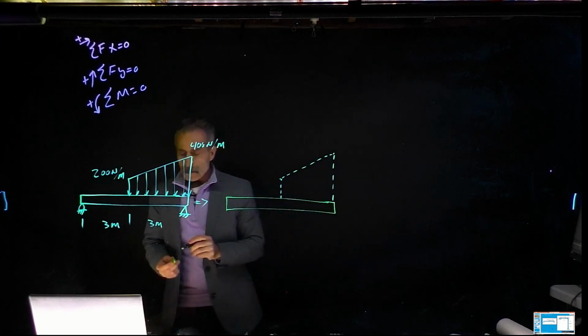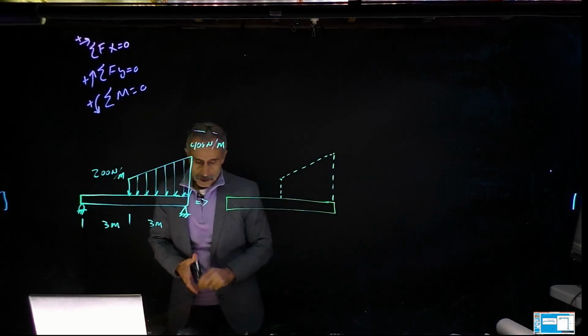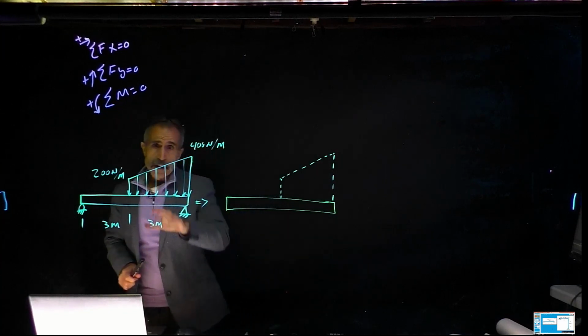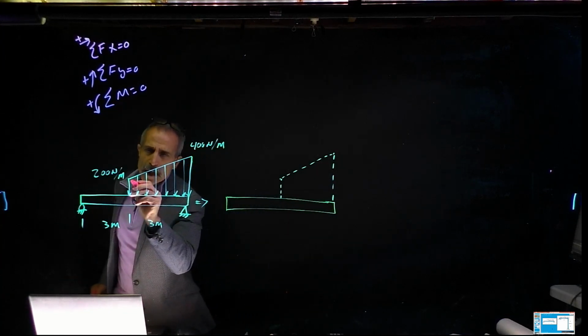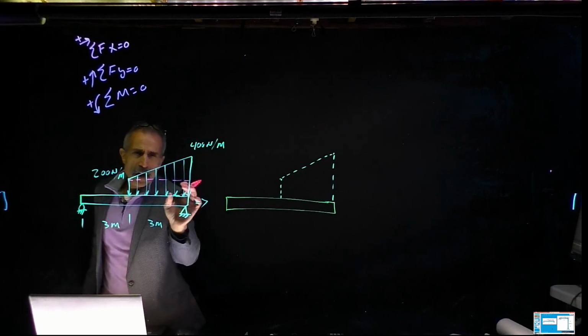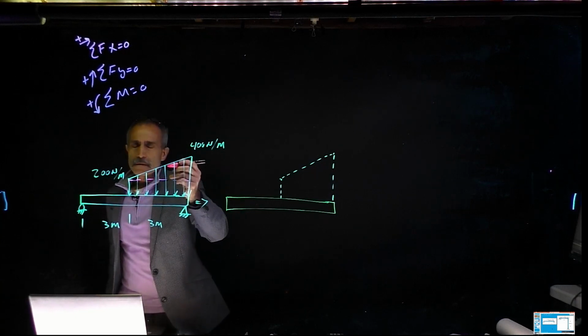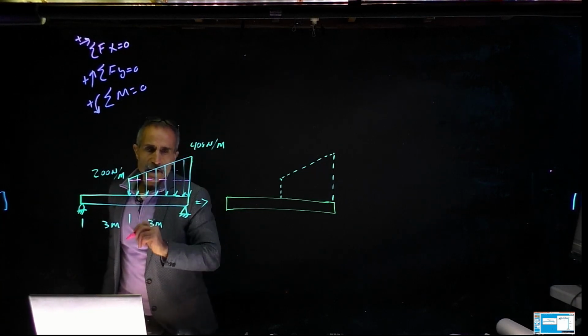Then I'm going to replace the load with 2 different concentrated loads, because I'm going to split this into 2 loads. I'm going to make it go straight right here. Now I have a rectangle down here and a triangle up here.